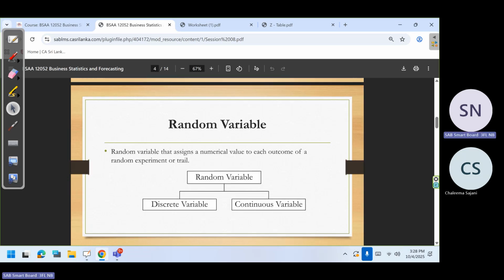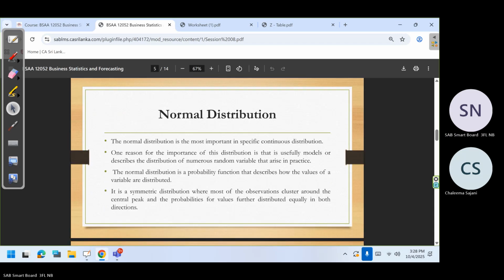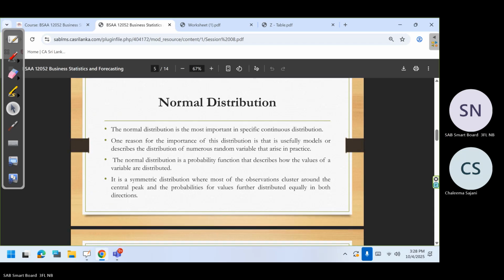These things are explained in the slides, you can go through them. First we move into what the normal distribution is. You have already studied one point about it.